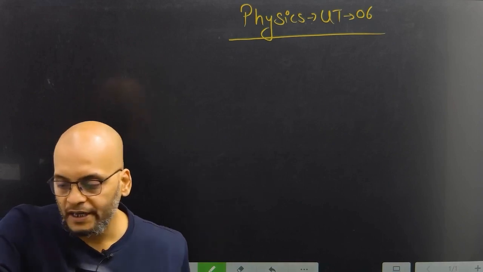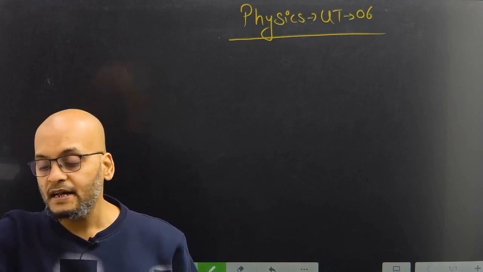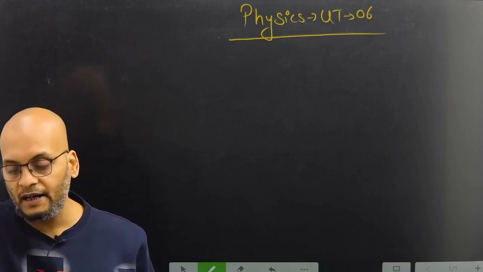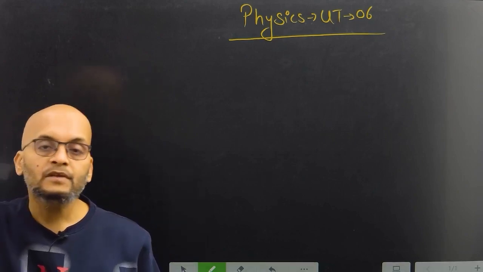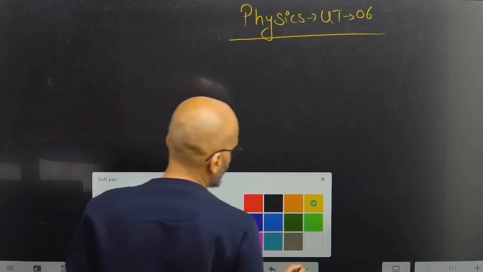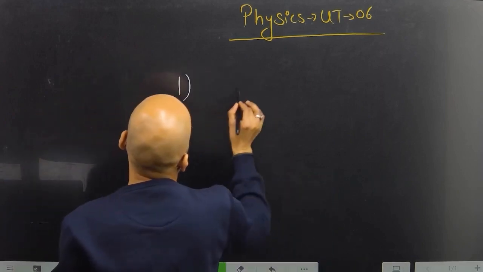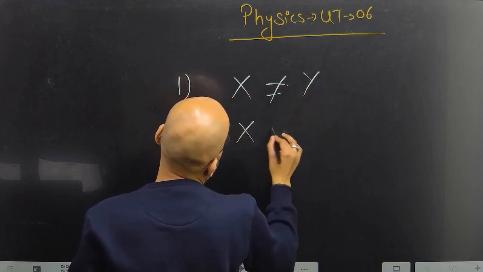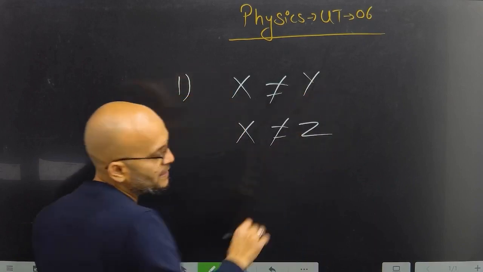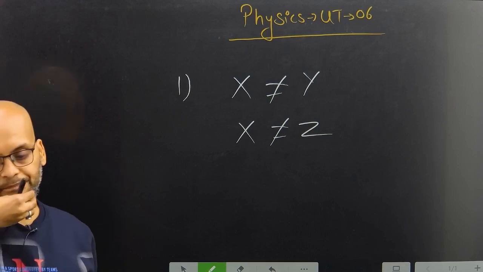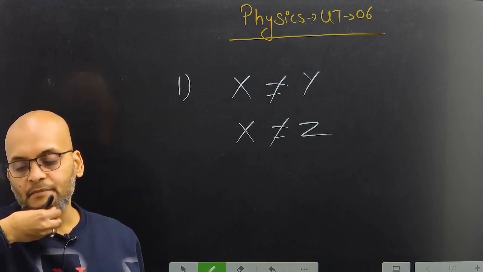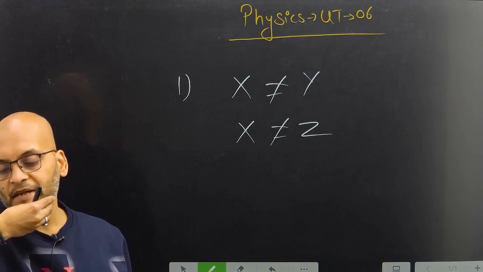Fine? Okay. So question number 1 is: a system X is neither in thermal equilibrium with Y nor with Z. So there is some system X, and X is not in equilibrium with Y and X is not in equilibrium with Z. Then they are asking whether the systems Y and Z must be in thermal equilibrium.